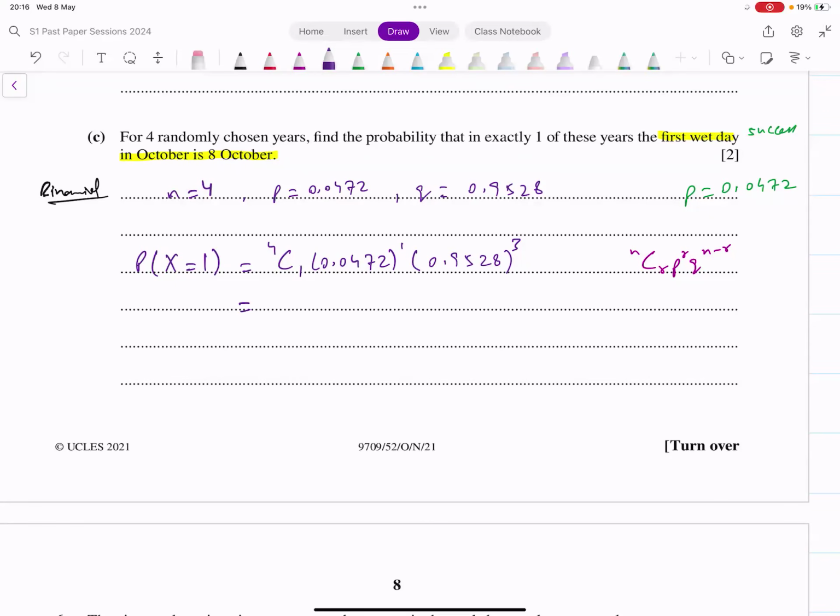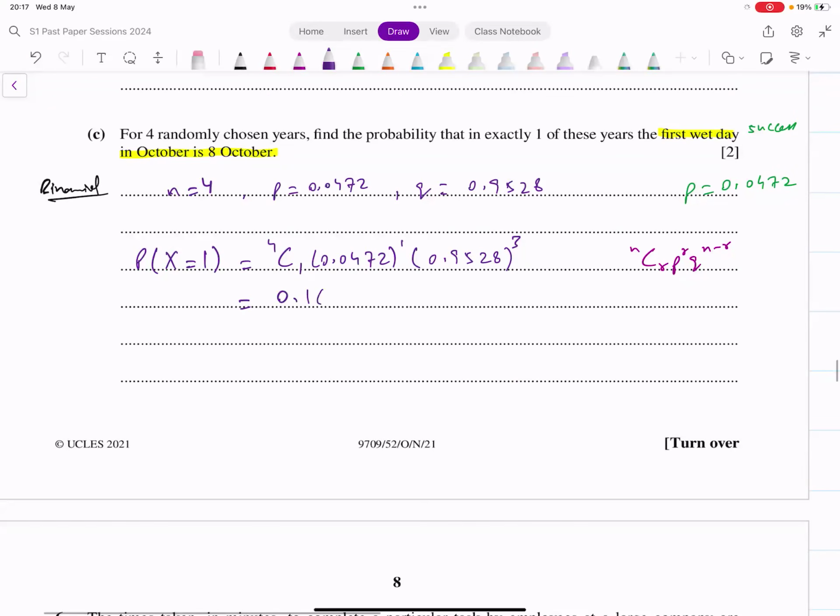What do you get from this? 4 into 0.0472 into 0.9528 cubed. That's 0.1633, right? So you can say to 3 significant figures, that's 0.163. That's the result that we get from this.